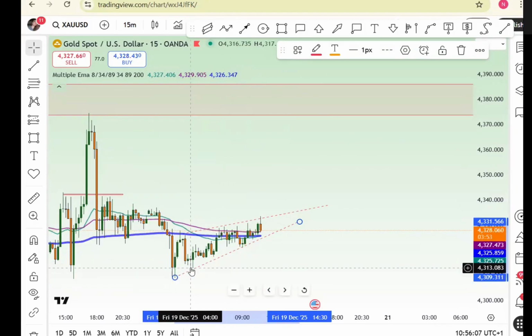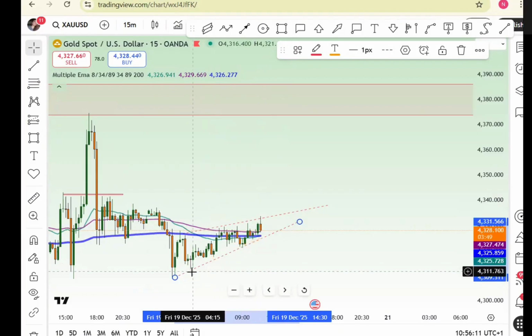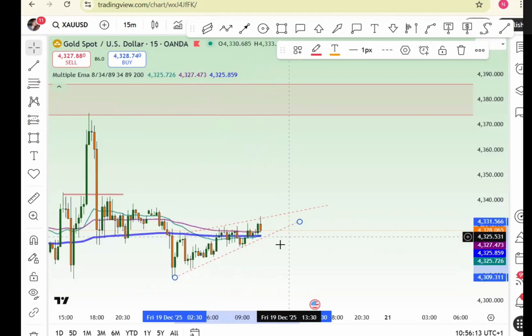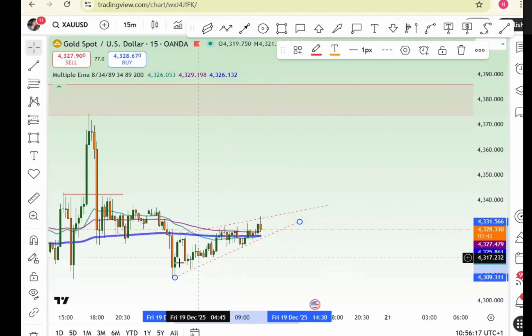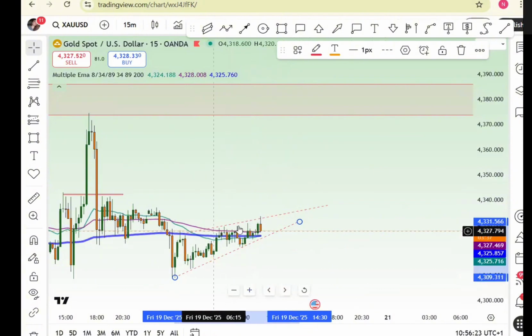Yeah, when it's forming the higher lows at the moment, it shows you the gradual recovery of the Gold Tuesday market, from today's Asian session until now.